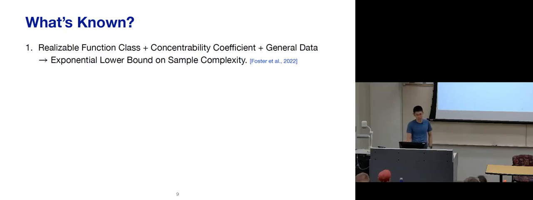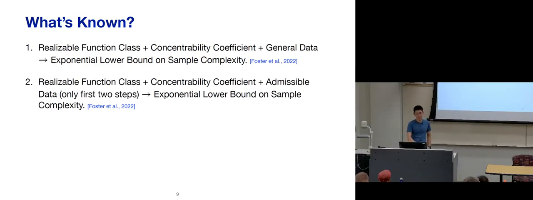That means this is usually not achievable. They also show that if the offline data is sampled according to some admissible distributions, but here the admissibility holds only for the first two steps, which I will specify in the next slide, there also exists an exponential lower bound on the sample complexity.